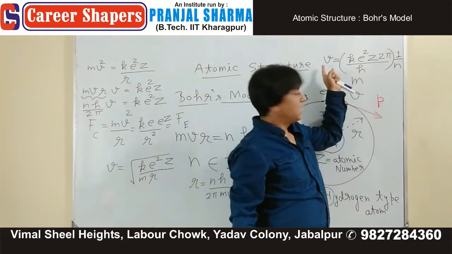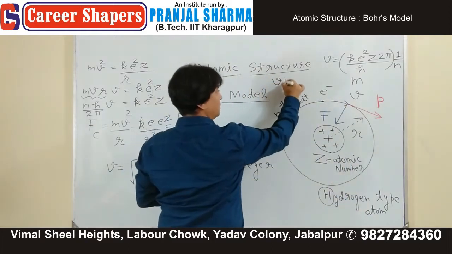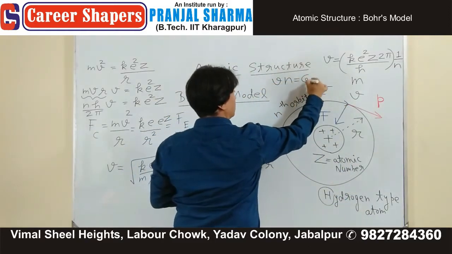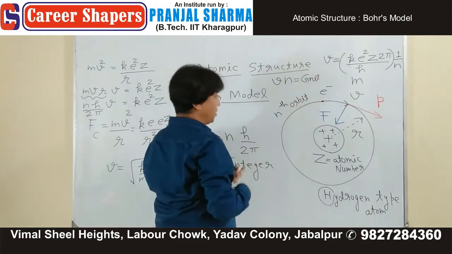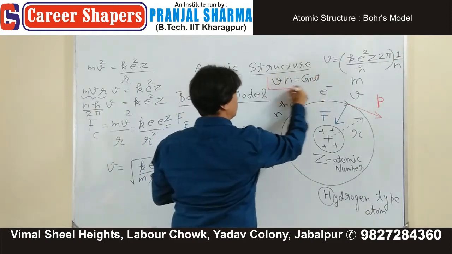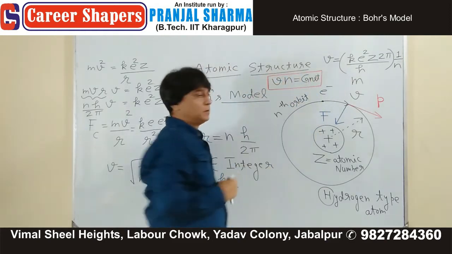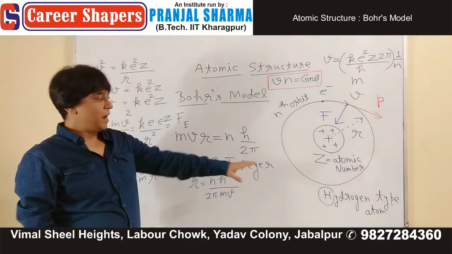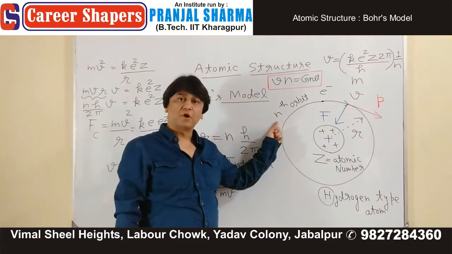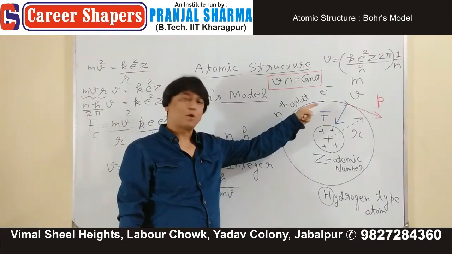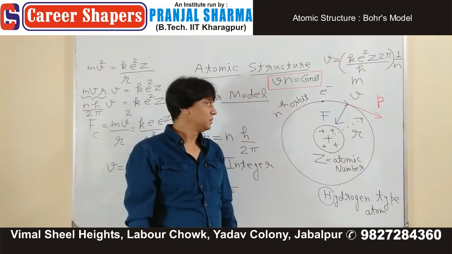Product of V and N is always a constant. An important result for any examination. For hydrogen type atoms, the index of the orbit and product of V is always a constant.